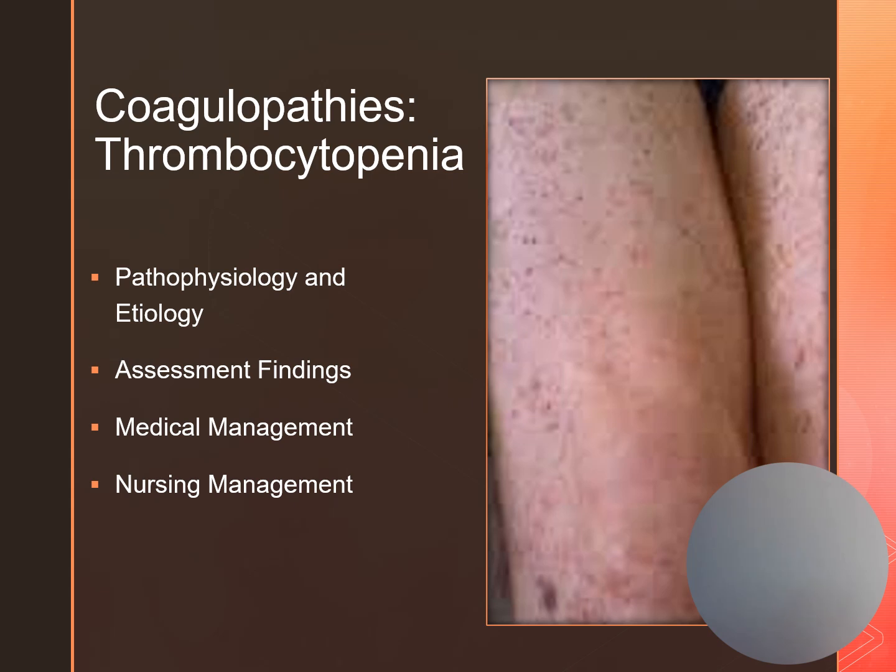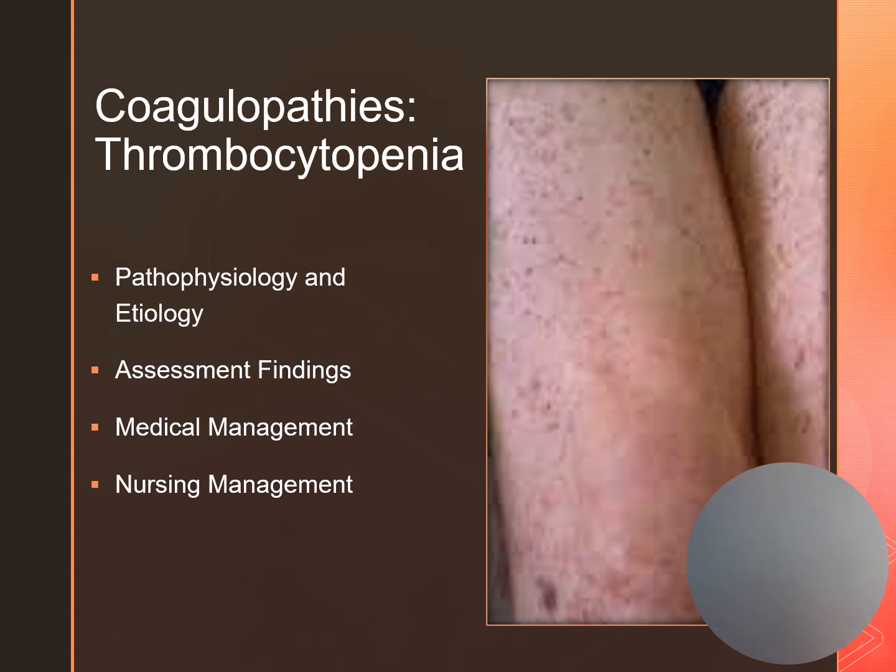Causes could include leukemia, a malignant blood disease, and or severe infections. There's a couple of different types of thrombocytopenia. We have idiopathic thrombocytopenic purpura, and that would be thrombocytopenia that really doesn't have a cause that we can identify. And heparin-induced thrombocytopenia, which is a drug-induced thrombocytopenia.